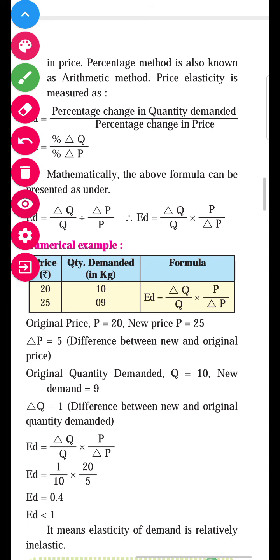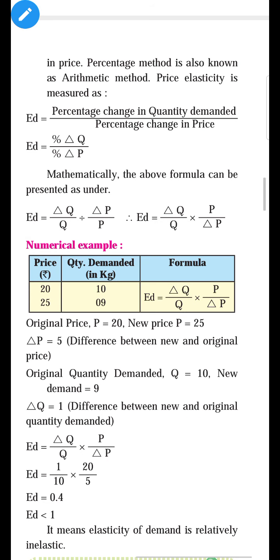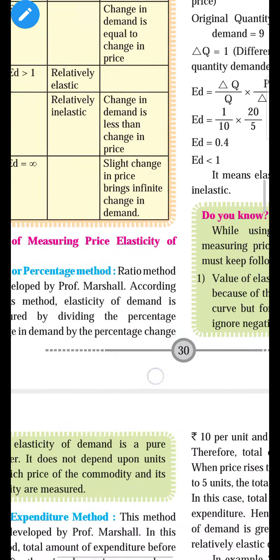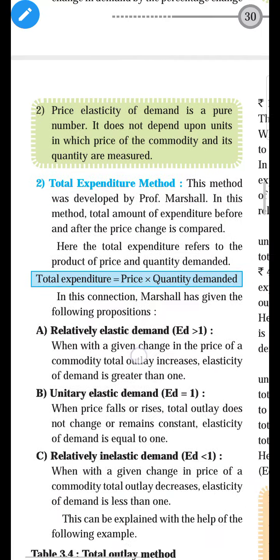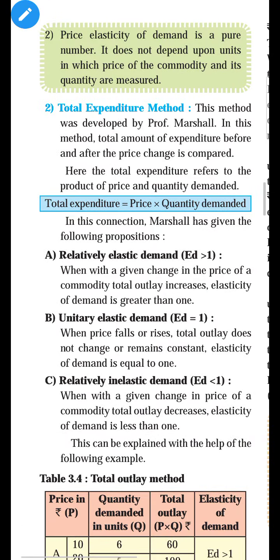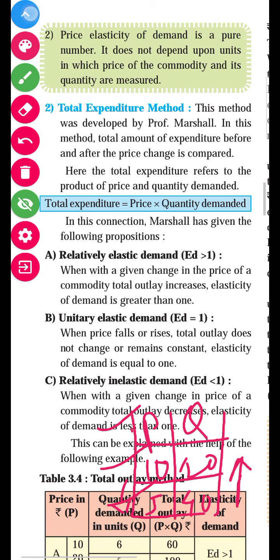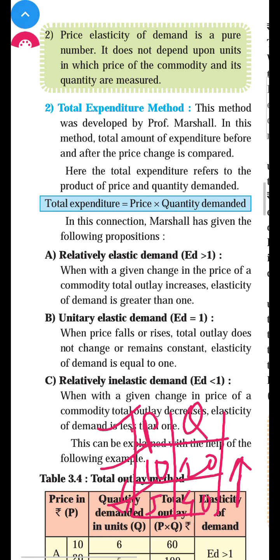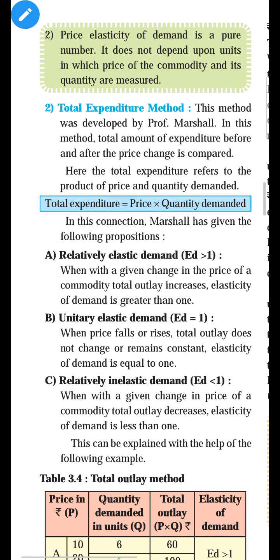Let us move to the second method. The second method is the expenditure method, or total expenditure method, given by Dr. Alfred Marshall in his book Principles of Economics, published in 1890.